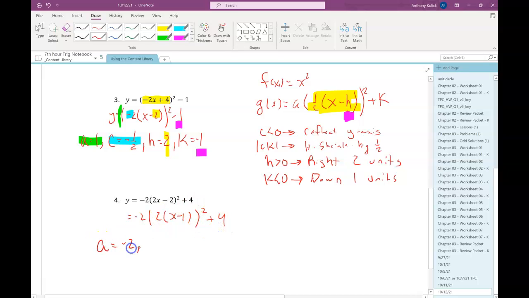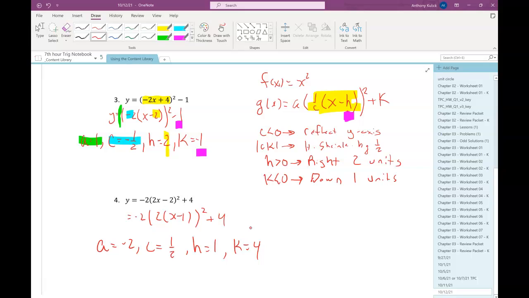So the a is -2, the c is 1/2, the h is 1, and the k is 4. And then you can go from there. That's usually the hardest part, making sure you get the right values for A, C, H, and K. If you goof that up, then obviously the next parts are going to get goofed. Yep. Sure.